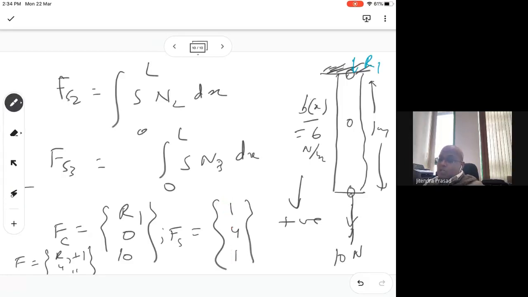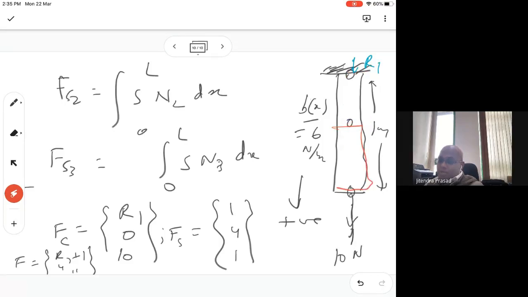If you had used a two-noded element, meaning one element from here to here, then another here to here, you will see 1/4 will go here, half will go here, 1/4 will go here. From here you know half of the weight, and half of the half will go here, half of the half will go here.